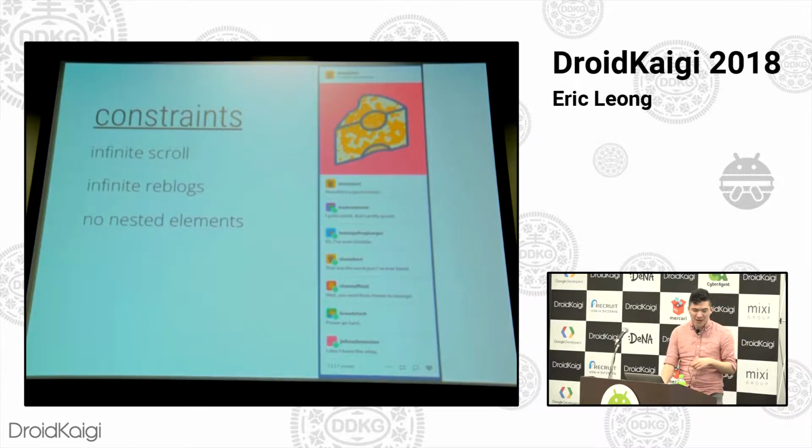but for now, I don't think any screen can display this entire post at one time. Also importantly, we don't have nested elements on Tumblr. Basically, in Twitter, you can quote a tweet, which causes a tweet to be inside a little box, so you have a tweet inside your tweet.